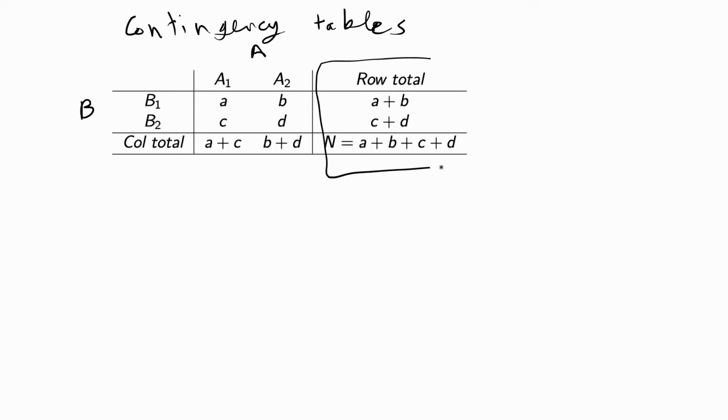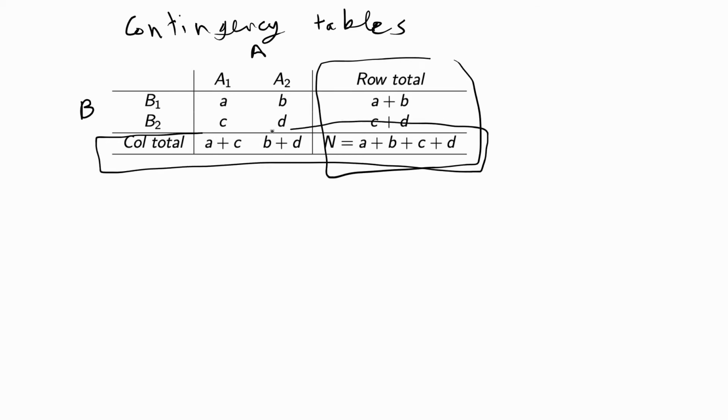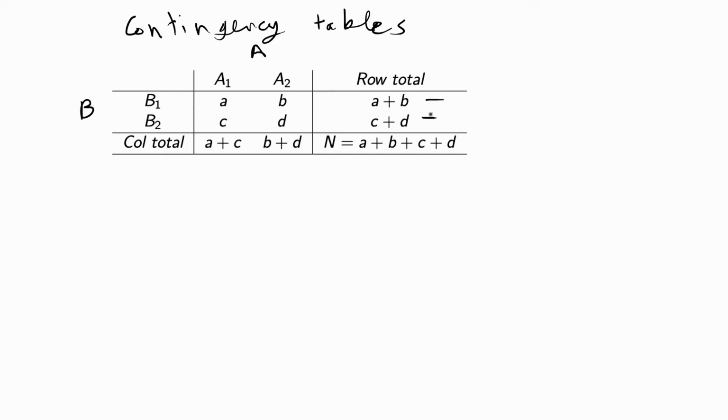Then the final row and the final column have the row sums and the column sums of the contingency table. These values here are the row sums of factor level B1 and B2. So A plus B is the row sum of being in factor level B1, and then C plus D is the row sum of being in factor level B2.